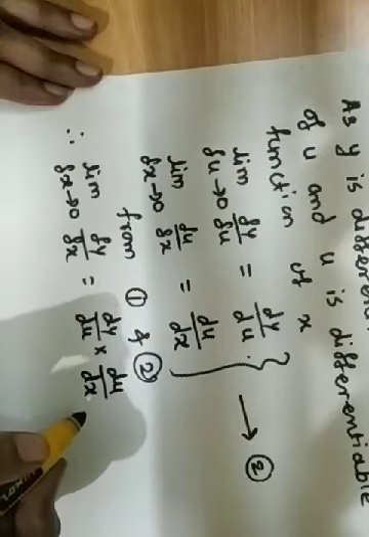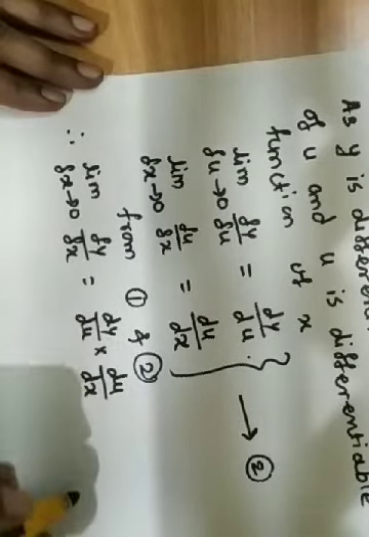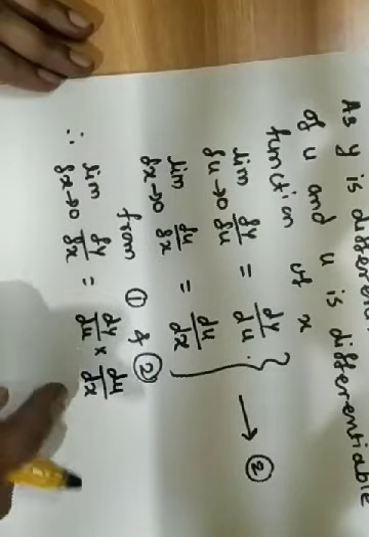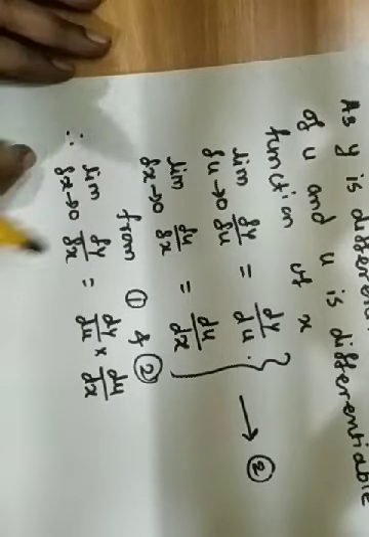As the limit of the RHS exists and is finite, then the limit of the left side also exists.